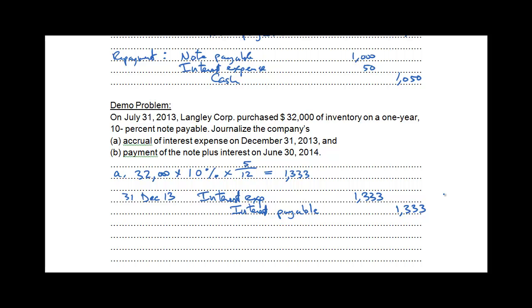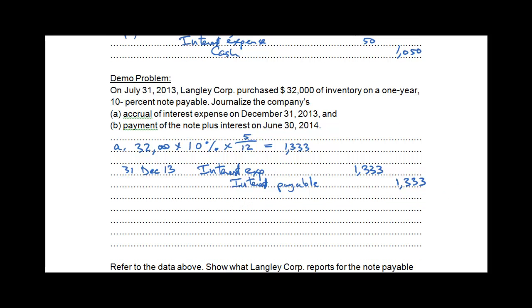Okay, now we have to journalize the payment of the note plus the interest on, oh, that should read July 31st, 2014. So we had 5 months in the old year, 2013. We now have the remaining amount, the 7 months left over.